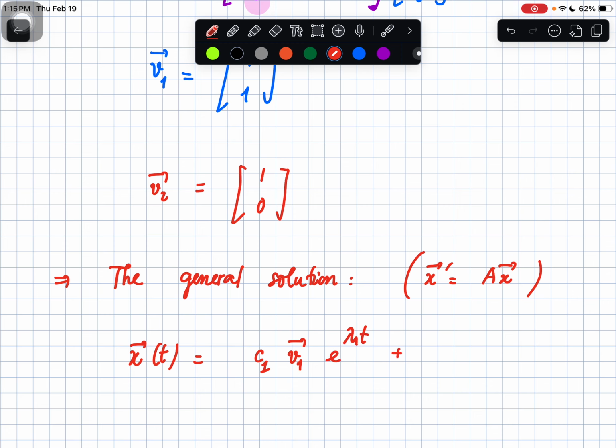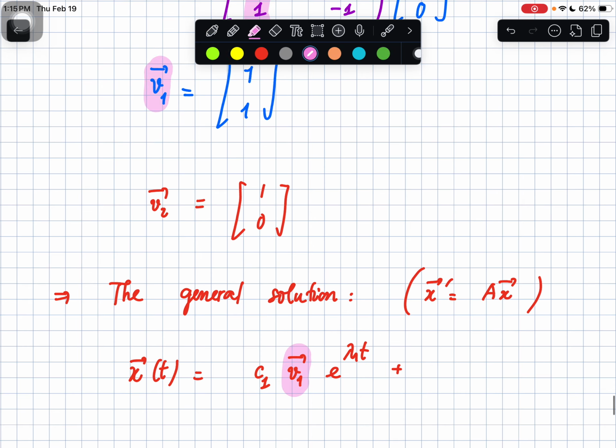In this case, because we have only one ordinary eigenvector, the other one will be the generalized one, c2 times (v1 t plus v2) times e to the lambda 2 t.